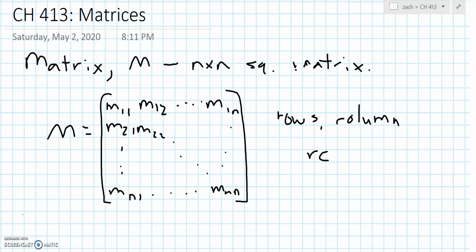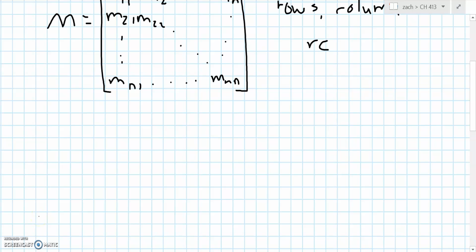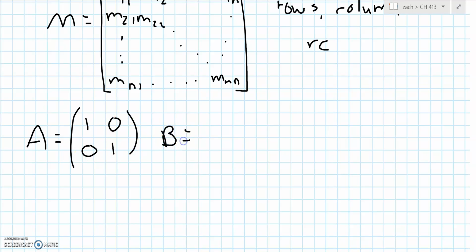The same exact thing happens in multiplication. It's the rows and the columns. But we're actually going to focus on addition first. Let's suppose that we have two matrices, big A, that looks like 0, 1, 1, 0, and B, we're going to say that's 1, 2, 3, 4.